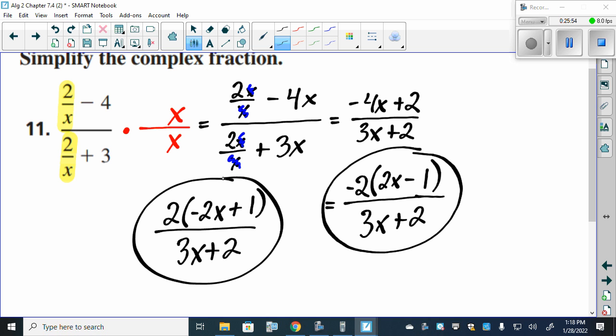Any questions on this here? Is there another one of these that y'all want to see done? So if you want to look through the rest of them, I'll let y'all pick the last one.